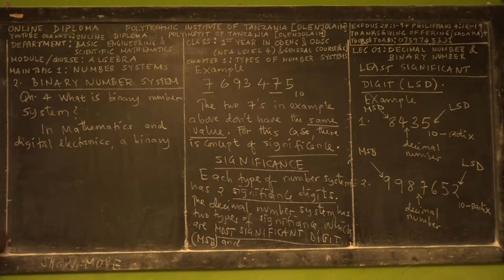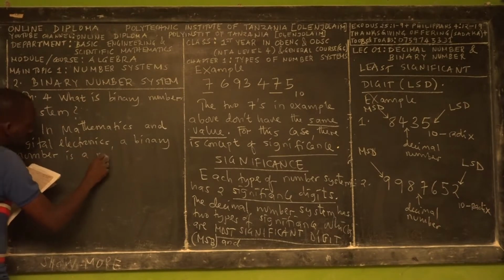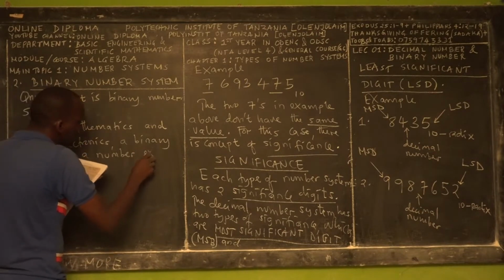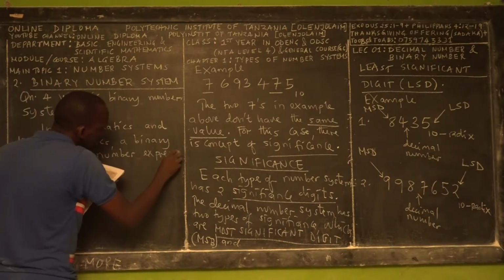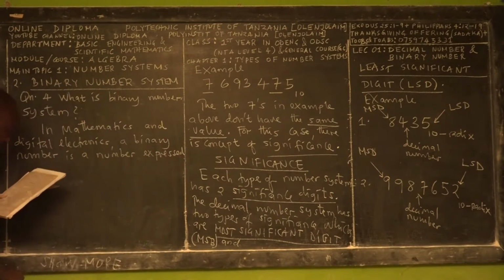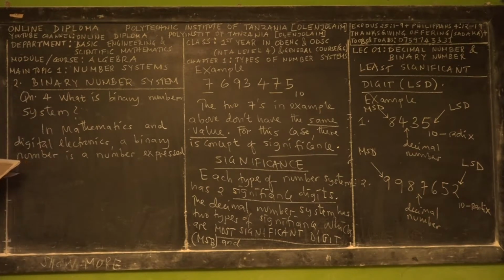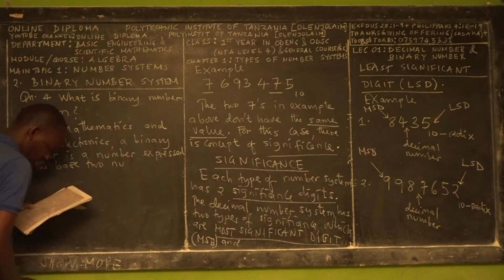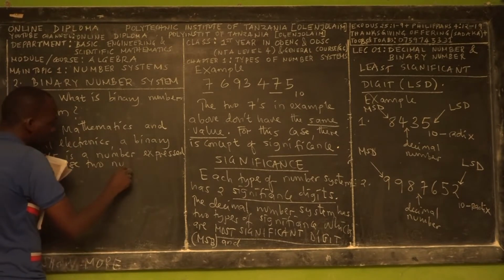What's a binary number? A binary number simply is a number expressed in the base 2 numeral system.